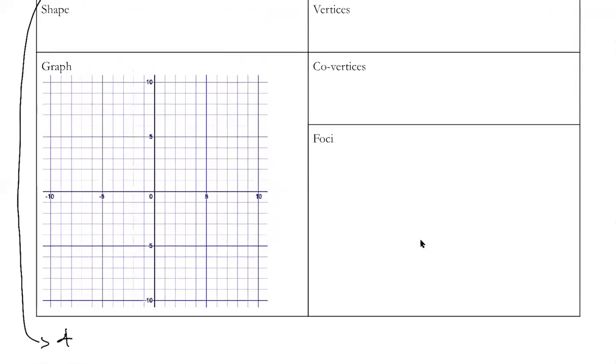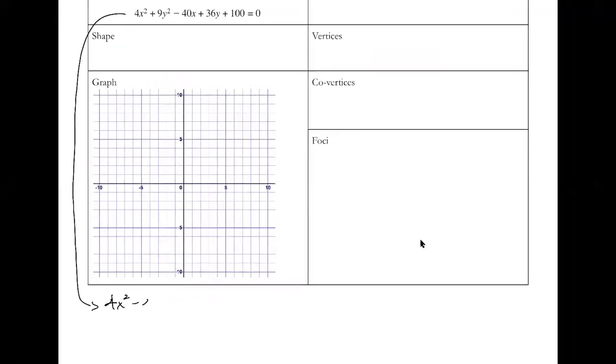We're going to get 4x squared minus 40x plus 9y squared plus 36y equals, I'm going to move that 100 to the other side, so I get a negative 100.